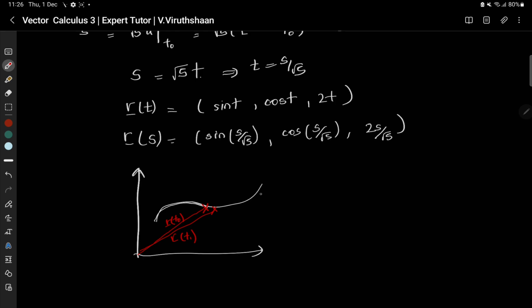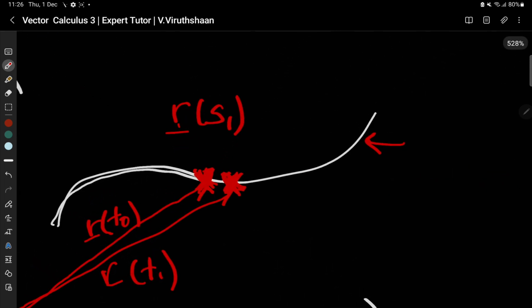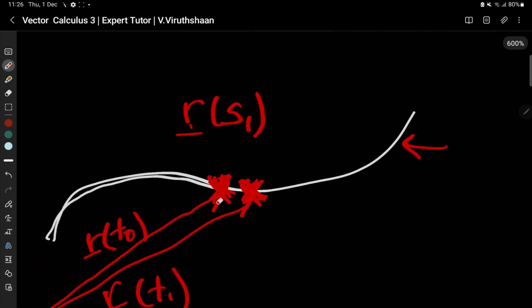But now we are going to represent the same line using a different parameter s. This s simply means, let's say this is going to be t naught. We have started this s from t naught. Let's say this is s1, which is going to represent this value. But how is this value represented? Let's say this is a big picture, or let's zoom it out. So it's going to be like this.